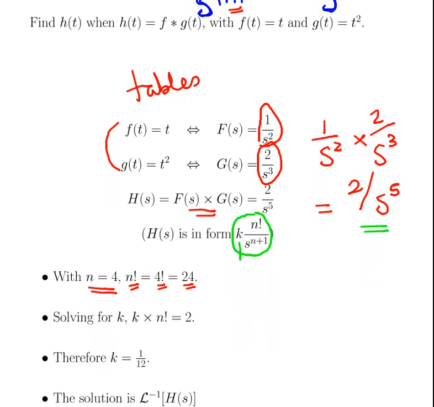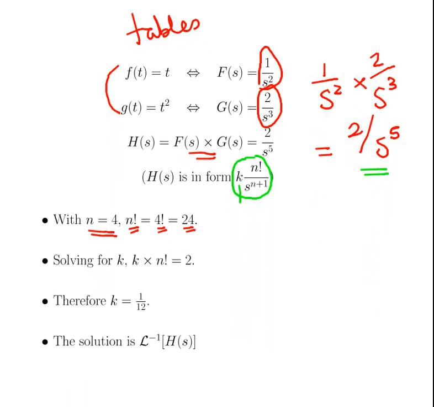Okay, so k times n factorial equals 2. We know that n factorial is 24, so k times 24 equals 2.